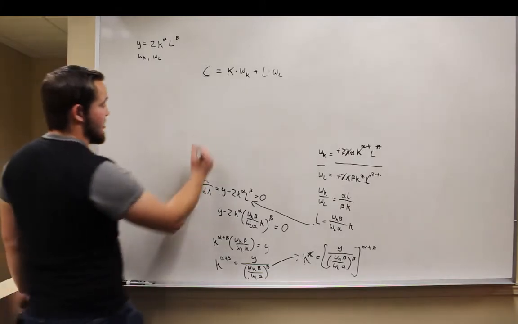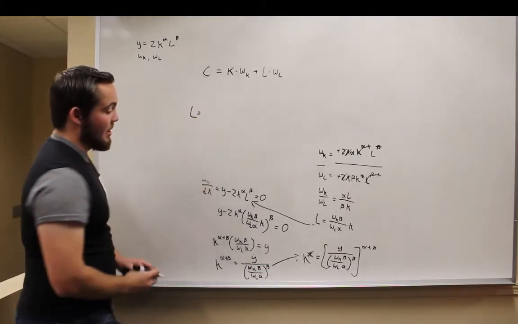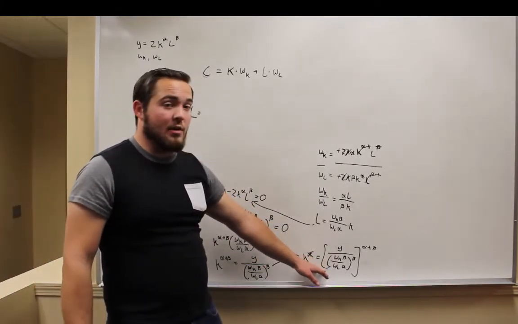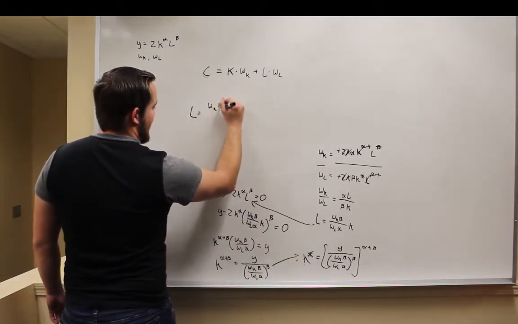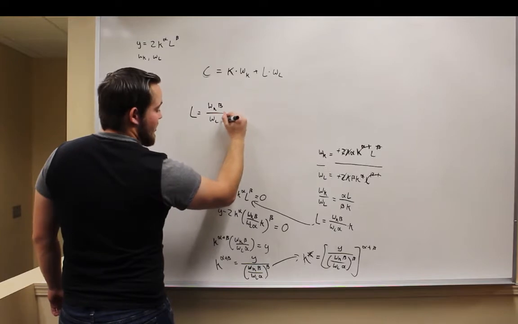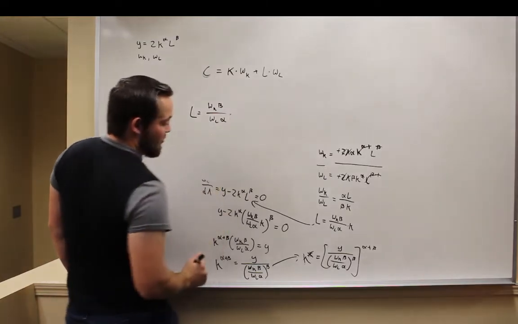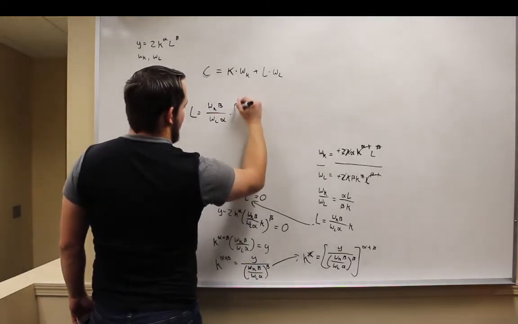So when I find my L star, I'm going to take this equation and plug in my k star. So that's going to be WK over all that times my k star.